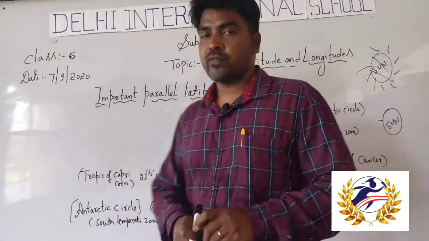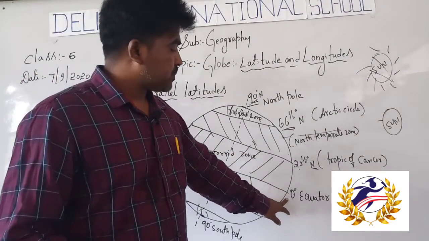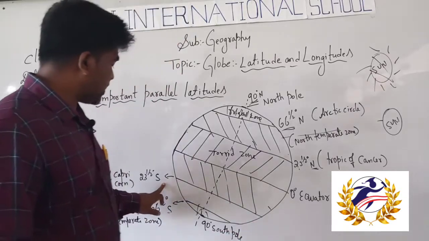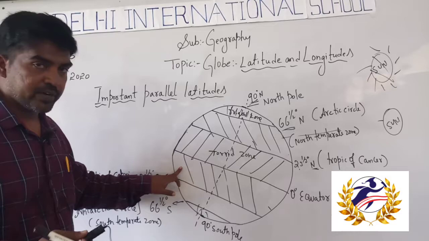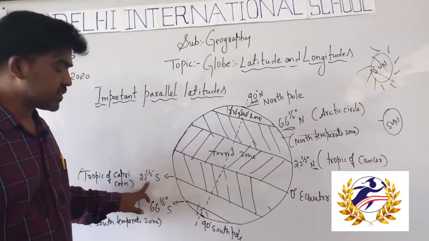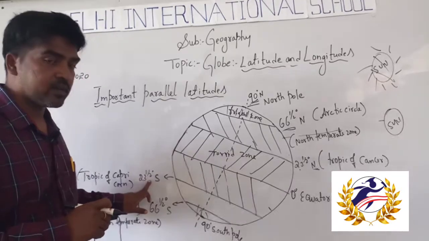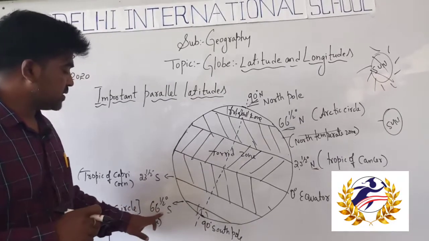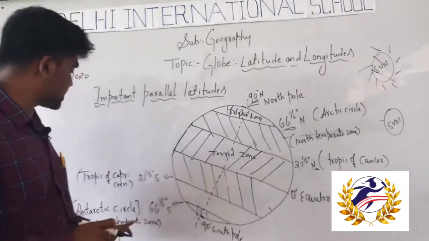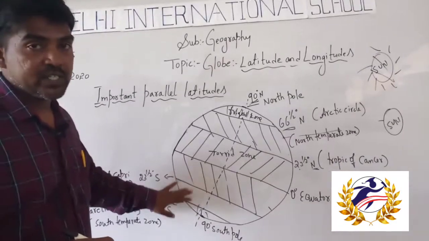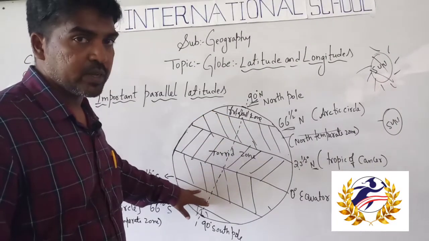If we come to the southern hemisphere, from the 0 degree equator to 23.5 degree south is once again the torrid zone, and from 23.5 degree south to 66.5 degree south is known as the south temperate zone.